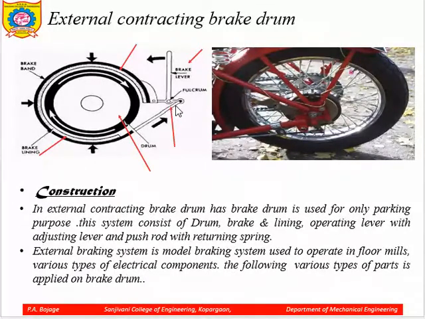When this lever is actuated, either by a lever, hydraulic pressure or mechanical force, the brake shoes will come in contact with the drum externally and stop it from rotating. So, this is the difference between external contracting brakes and internal expanding brakes. External contracting brakes are very rarely used in automobiles, only in very small applications. Generally, they are used for other applications, not in automobiles. They are not used widely.